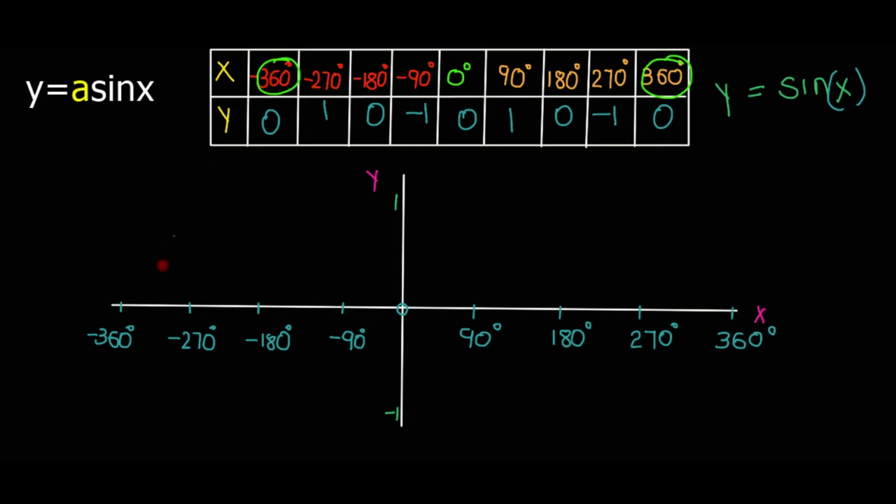Negative 360 has 0, so our point is this one, and then negative 270 has 1, this means it is this one, and then negative 180 has 0, this one, and then negative 90 has negative 1, this means it is this one. 0 and 0 is the origin, 90 has 1, 180 has 0, this means it is this one, 270 and minus 1 is this one, 360 and 0 is this one.